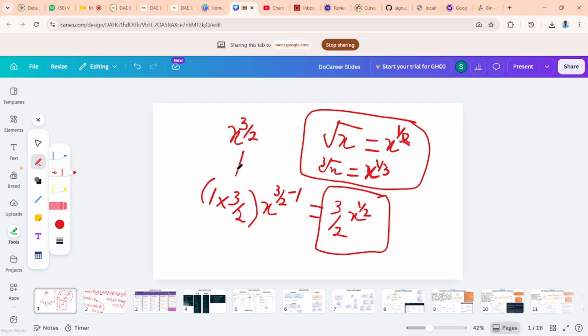When I differentiated this, I have 1 here, 1 is always here, so 1 times 3 over 2 multiplying, then I do the subtraction for the top, and you finally have this. I was saying that when you see the power to be half, it is the same as the square root of x. When it is the cubic root, it is power 1 over 3.